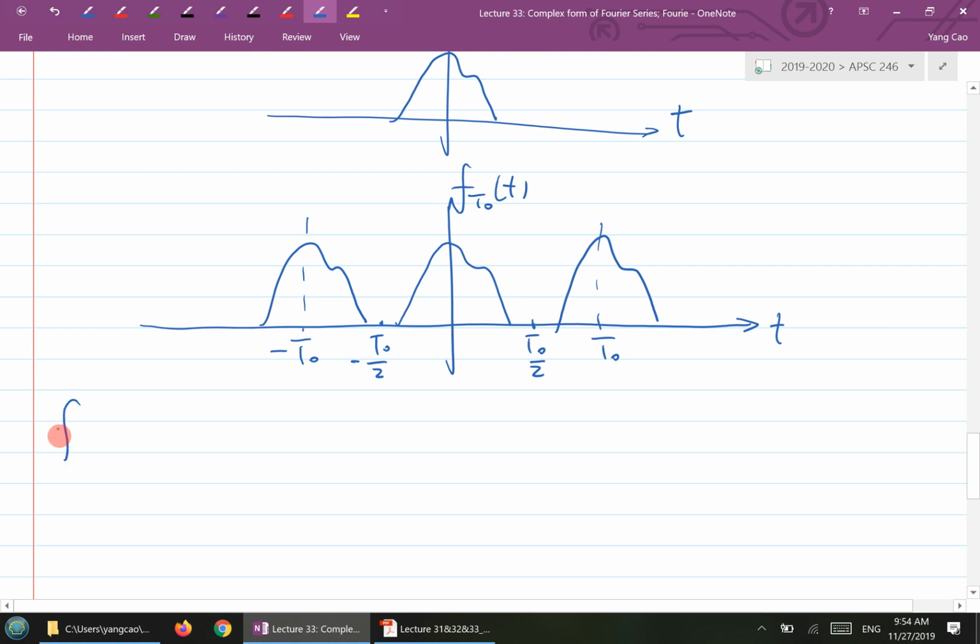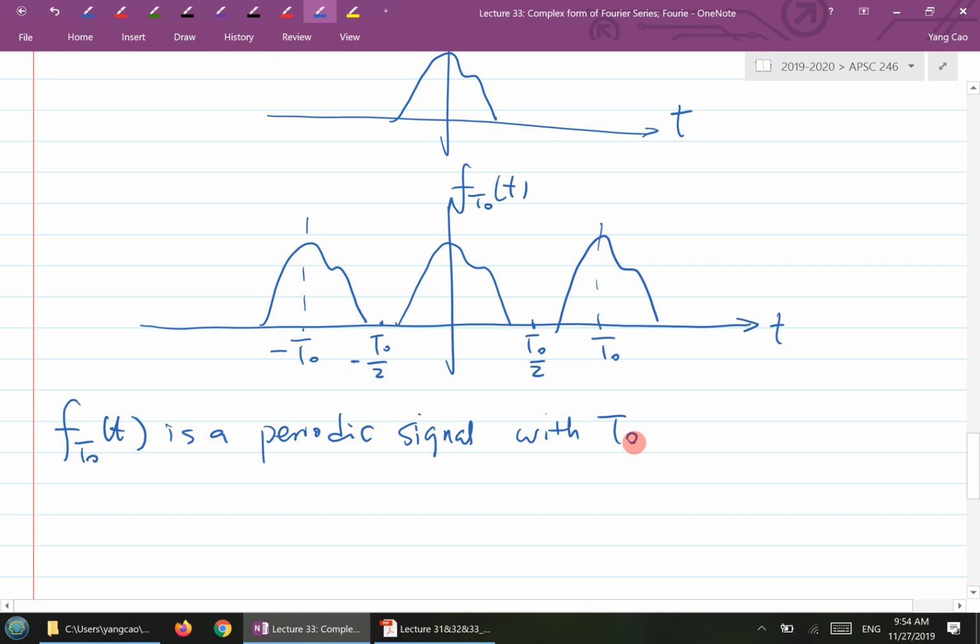So f of t naught t is a periodic function or signal with t naught as the period. Yes, so we can do that, right? We just take it out, put it there, and make a periodic function.